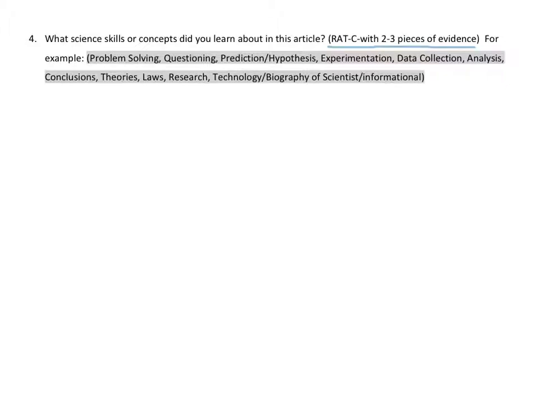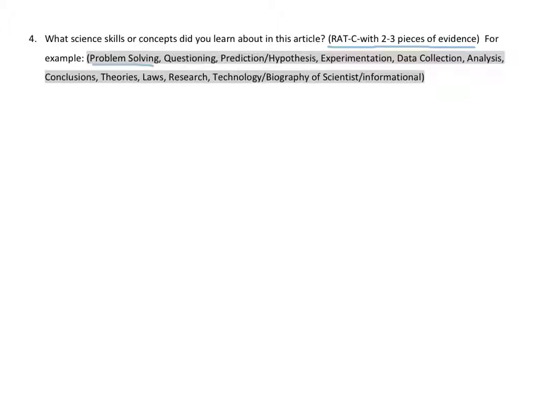Now, I've given you some choices for the skills or concepts that you could have learned in this article. The first one here is problem solving. And maybe you learned about problem solving if the article presents a problem and then presents a possible solution for solving that problem.